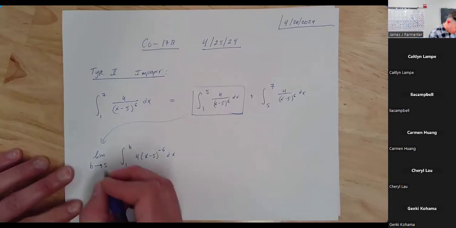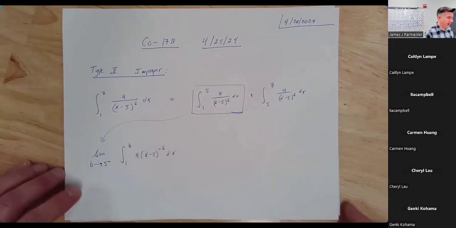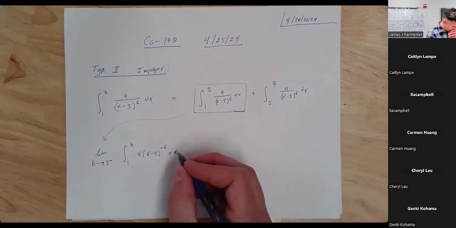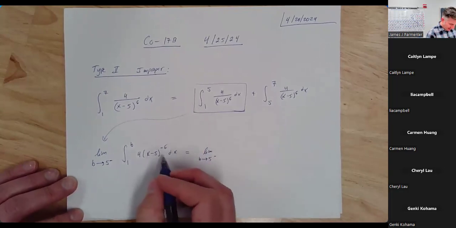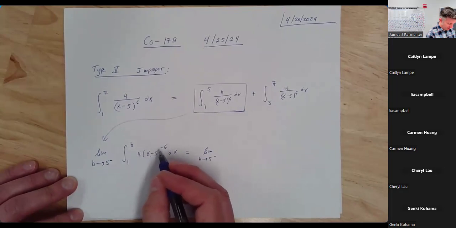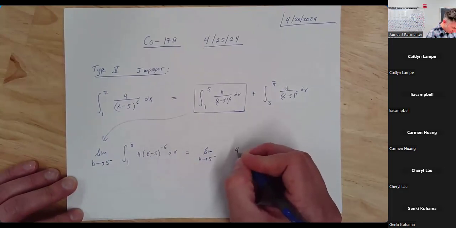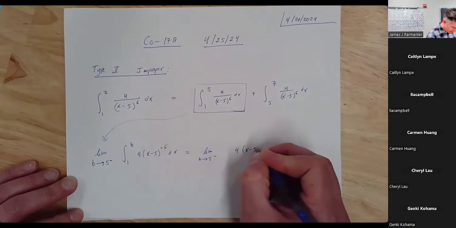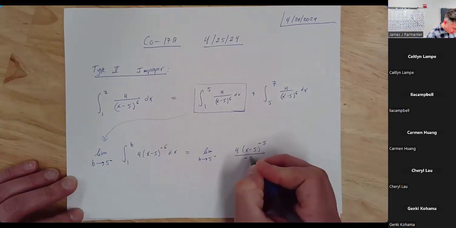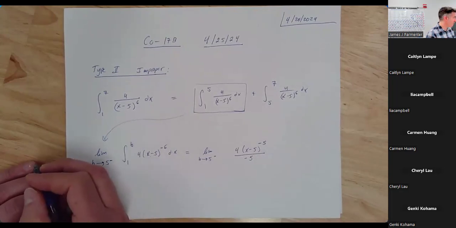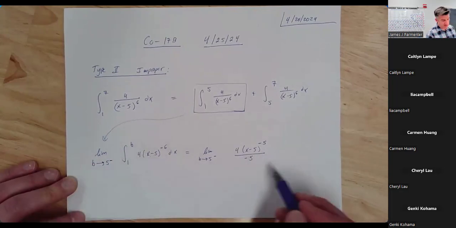From the left, because we're between 1 and 5. And then we're going to do the antiderivative. We're going to have the limit as b approaches 5 from the left of the antiderivative of 4 times (x minus 5) to the negative 6, which is going to be 4 times (x minus 5) to the negative 6 plus 1, divided by negative 6 plus 1, which is negative 5. Nothing else needs to happen here.